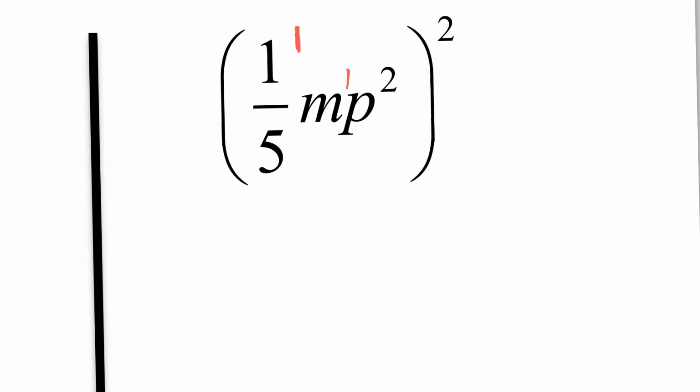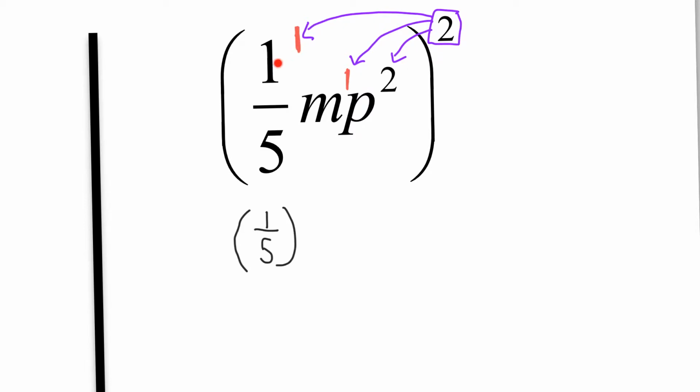M also has an invisible 1. P has an exponent of 2. So I am going to multiply this exponent 2 times this exponent, the next one, and the next one. Now, since I have a fraction, I'm going to keep the fraction in parentheses so I don't get confused, because when you look at the fraction, it's not 11. 1, 1, not 11. This is the actual exponent.